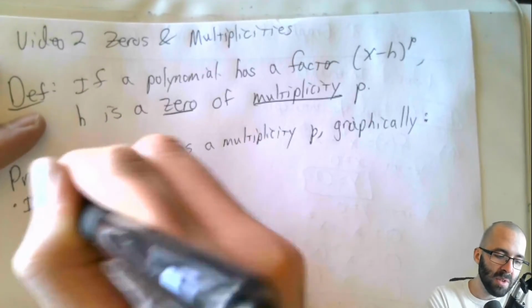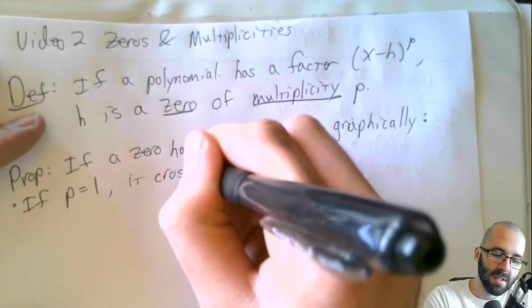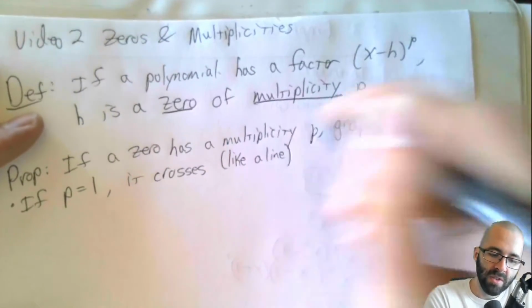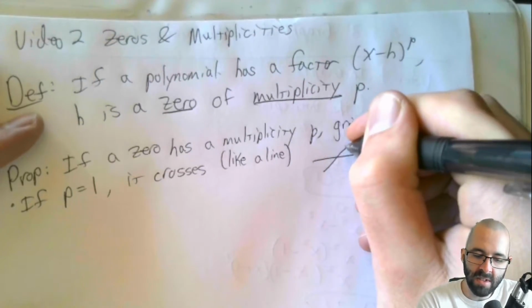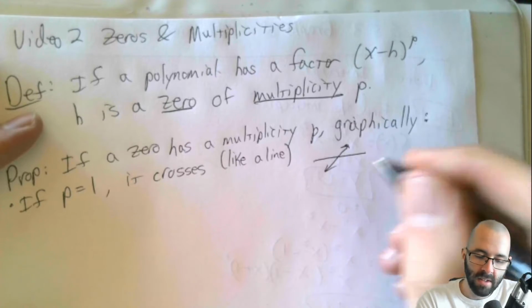So if p is equal to 1, it crosses, kind of like a line. If you have a zero of multiplicity 1, it's going to look like this, just crossing the x-axis.